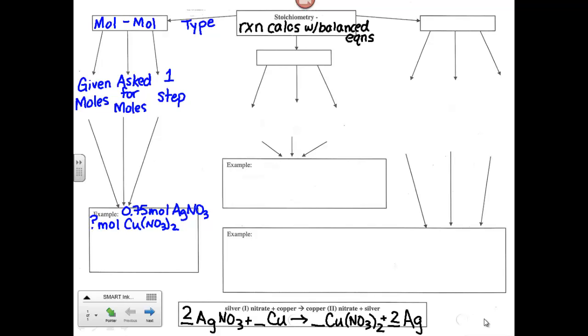Starting with moles and ending with moles. This will be a one-step problem. Start with what you're given. 0.75 moles of AgNO3.